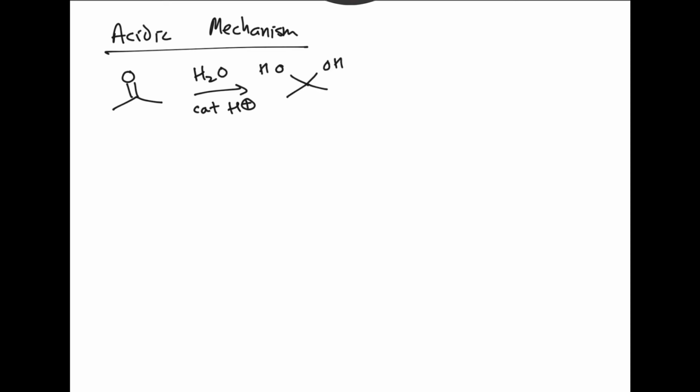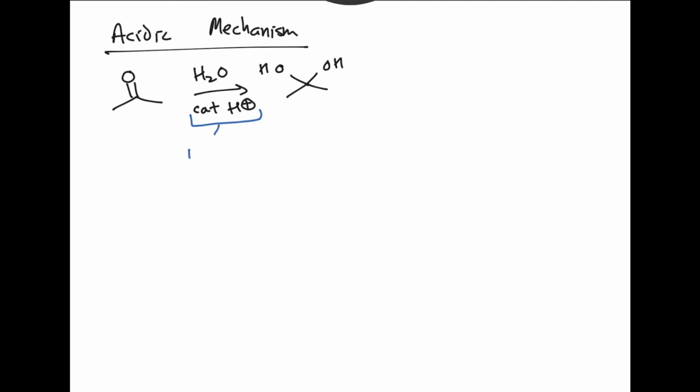So here we use water and catalytic acid, and this will make a hydrate. Now, I'm either going to give you the generic catalytic H plus, or there are a few acids that show up in here and in acetal formations.